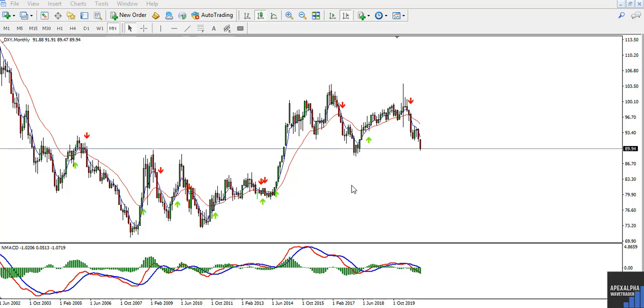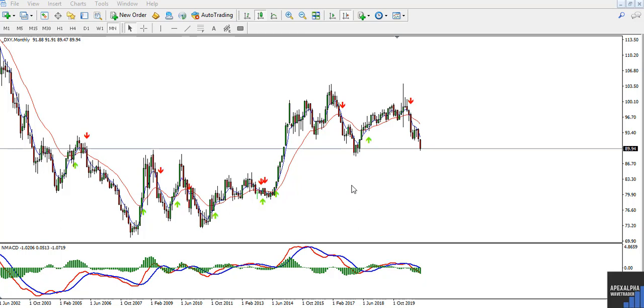So if you know what the dollar index is saying, you also know what the major currencies are probably going to be doing. So with that in mind, let's have a quick look at the dollar index.